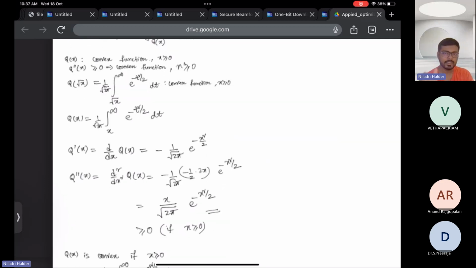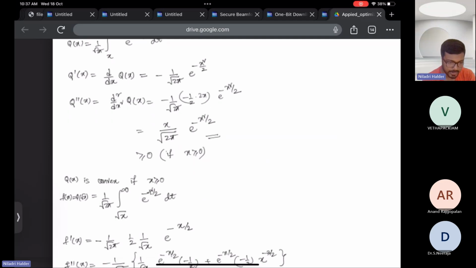So Q(x) is a convex function, and how? As Q double dash of x is greater than or equal to 0, then Q of root x is also a convex function. So that is shown here.